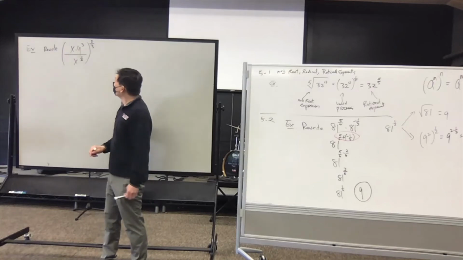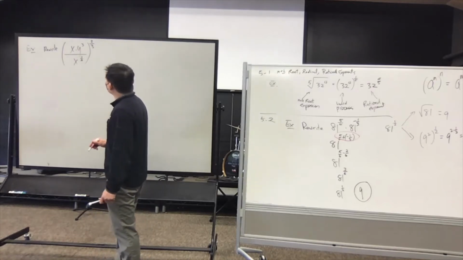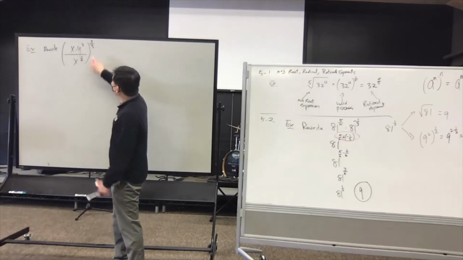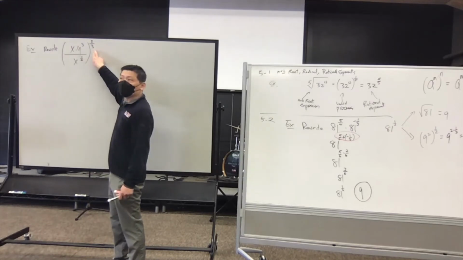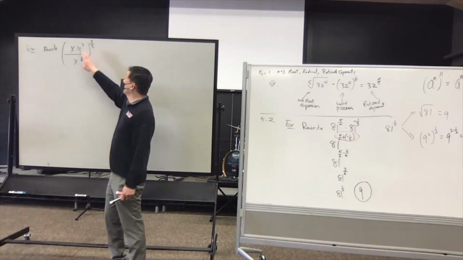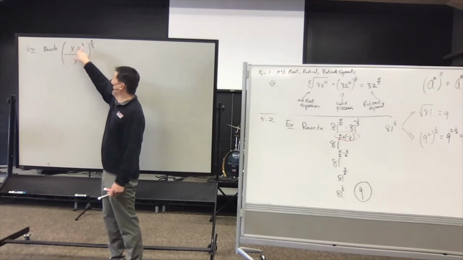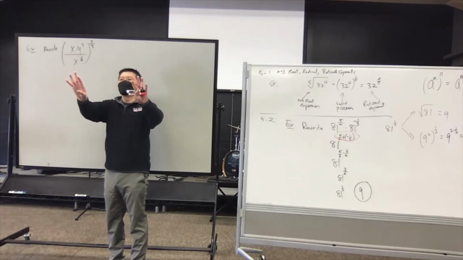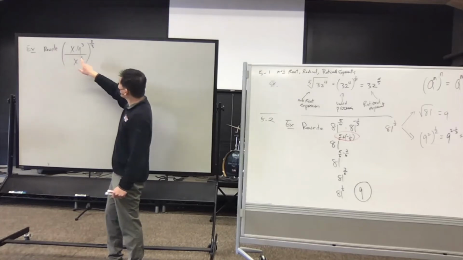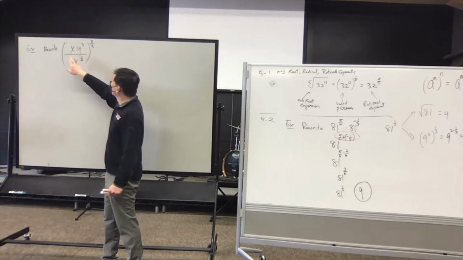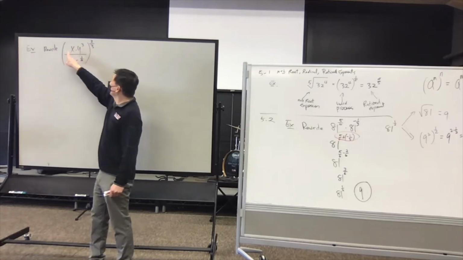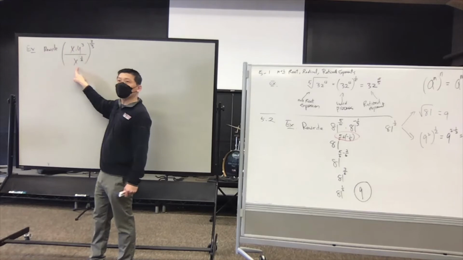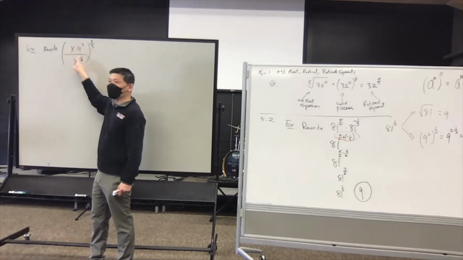Number two. We have an exponent out here, and this exponent will distribute because it's an expression that has an exponent. I noticed some people made mistakes. When you see x here and x here, I saw some people just pass it out.